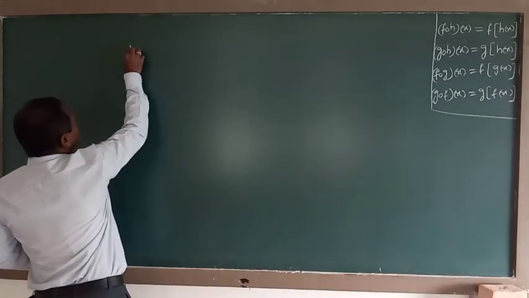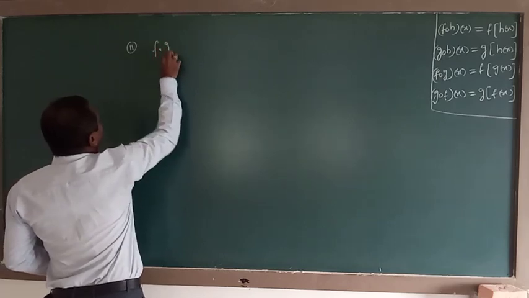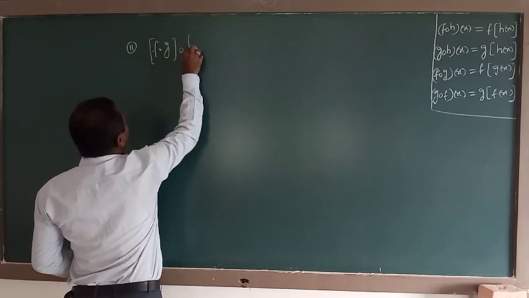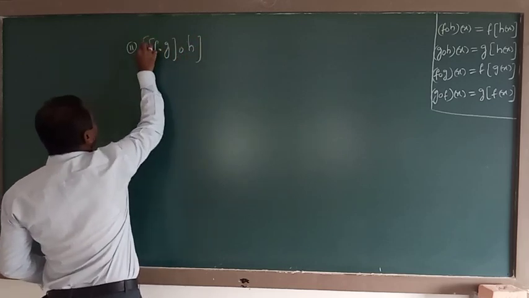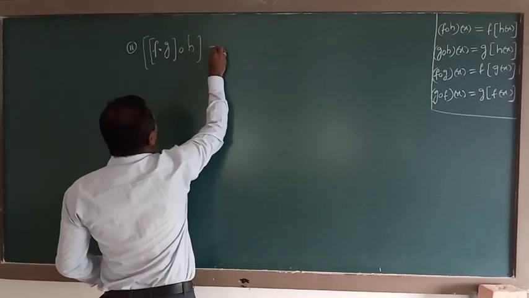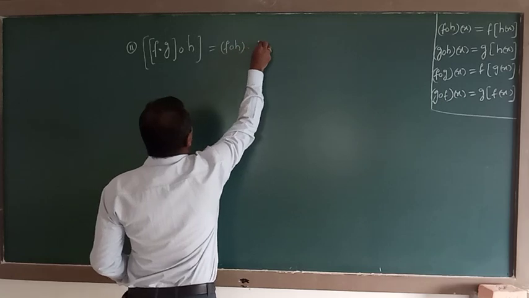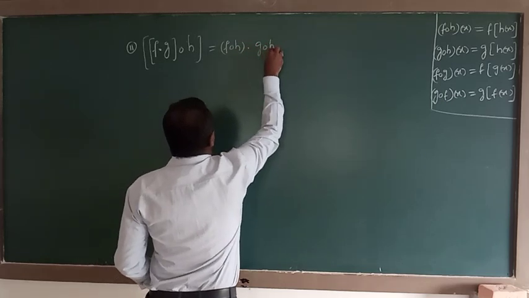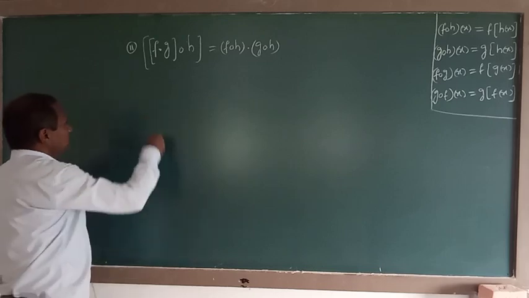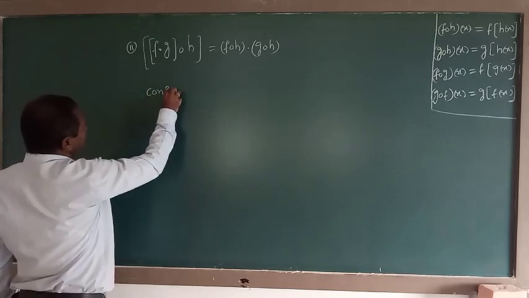Second question is f dot g circle h of x is equal to f circle h into g circle h. How to prove this? Consider LHS part.